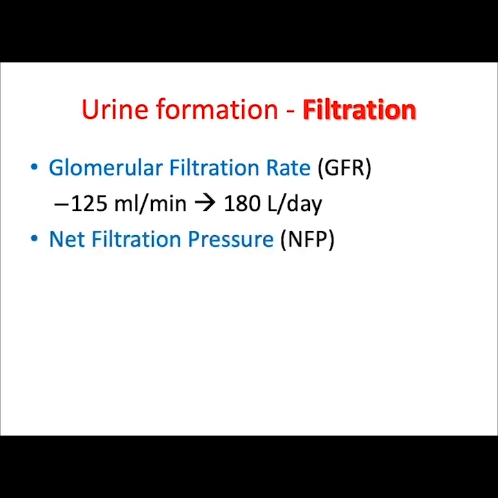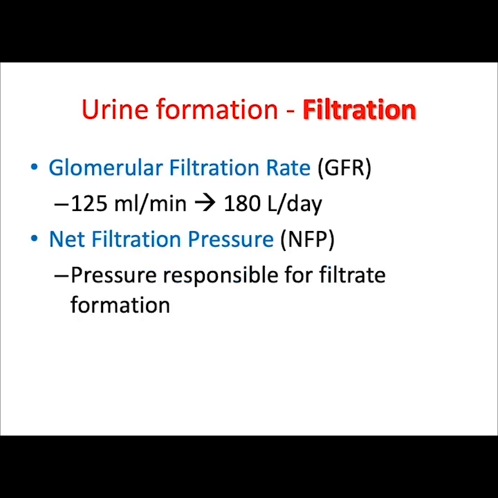The net filtration pressure, or NFP, is the pressure responsible for filtrate formation, and this is the same thing as the blood pressure within the glomerulus. Recall that this pressure is 55 millimeters of mercury. It is important to maintain homeostasis with the GFR at 125 mL per minute.